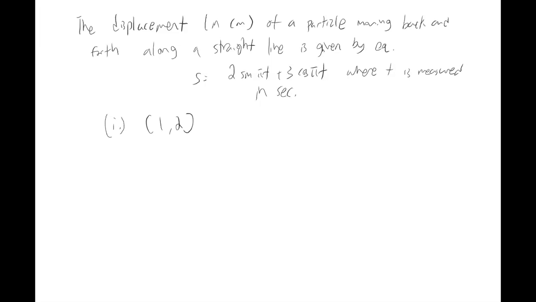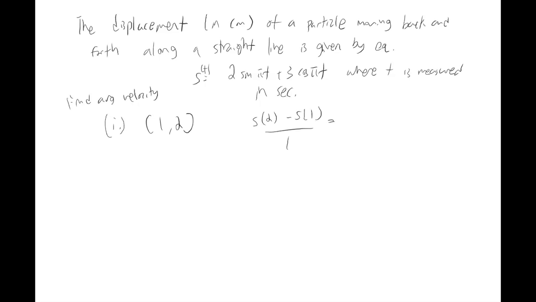So again, find the average velocity in the time interval 1 to 2. So you would do S of 2 minus S of 1 over 1. In this case, we can actually solve this.